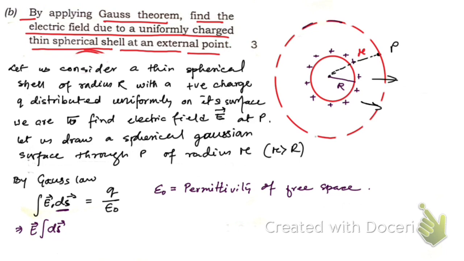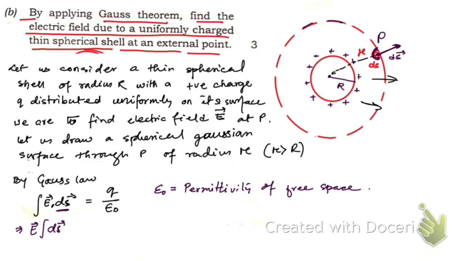Let us assume a very small area element dS here, with its area vector along this direction. If you integrate this, you get the whole area of this Gaussian surface.